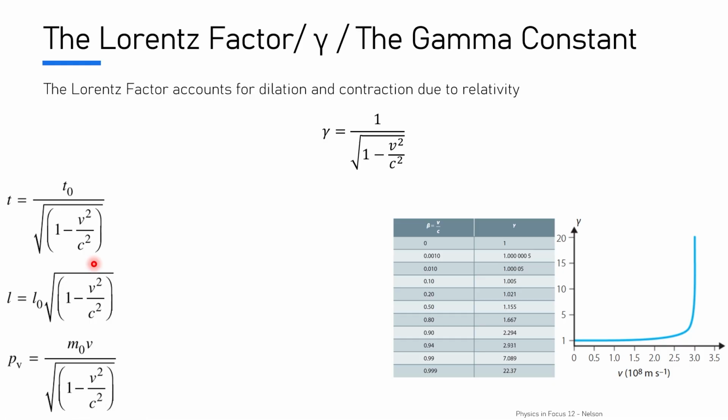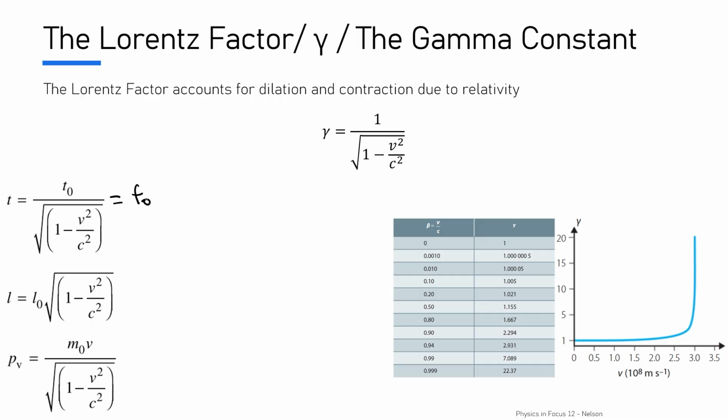So our time dilation equation, as well as the other equations for relativity, which we'll be looking at a little bit later, all include the Lorentz factor, which also may be written as gamma or referred to as the gamma constant. This essentially accounts for any relativistic dilation or contraction. And it is expressed as 1 over the square root of 1 minus v squared on c squared.